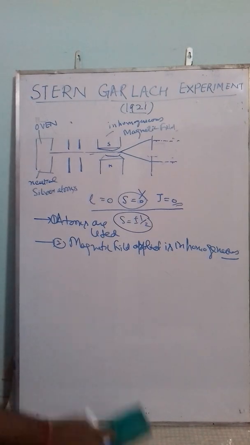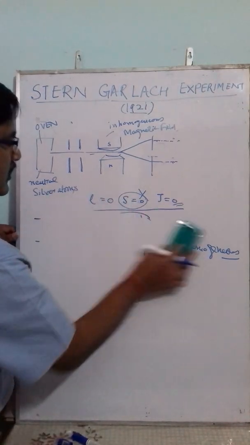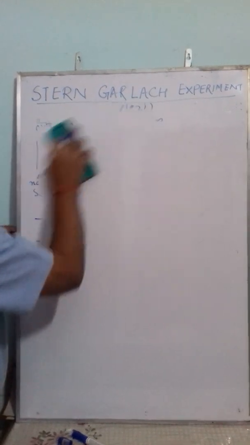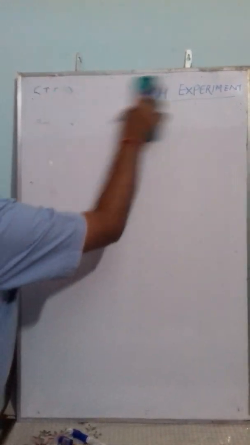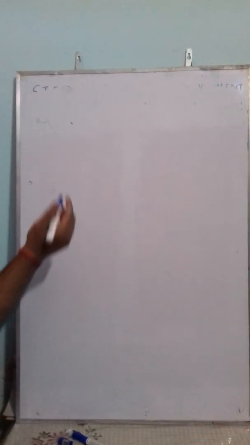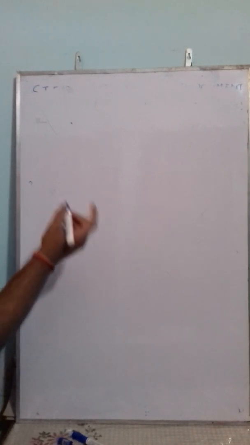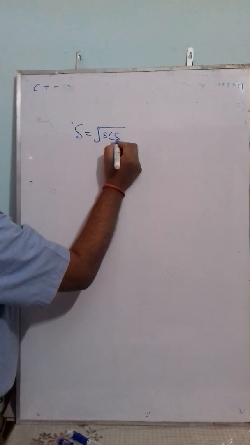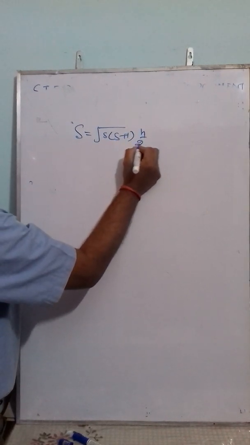Now I am going to demonstrate the two possible orientations of the spin of any atom. As you know, if S is the spin of any magnetic atom, then S is equal to root of s(s+1) times h upon 2 pi.